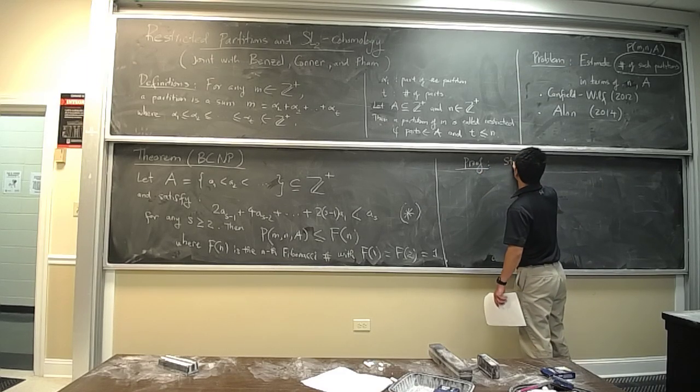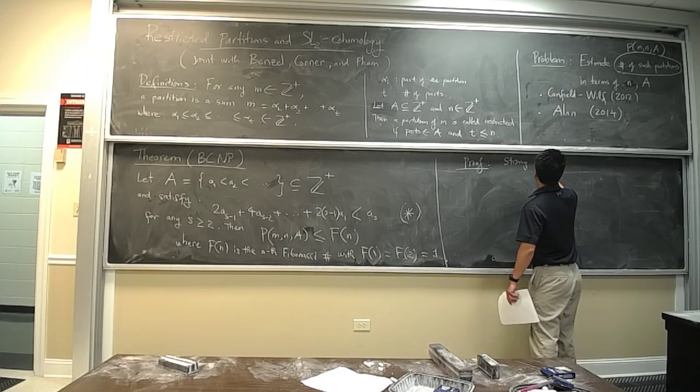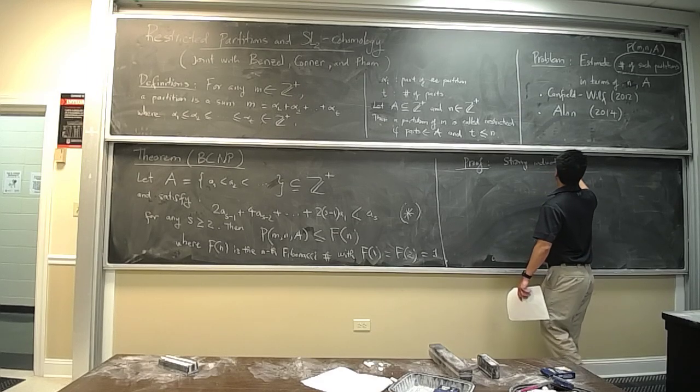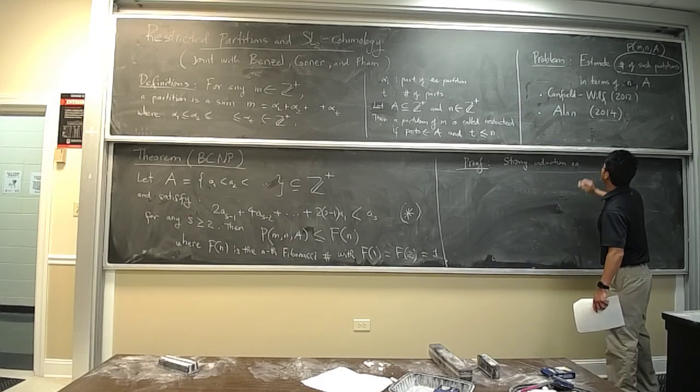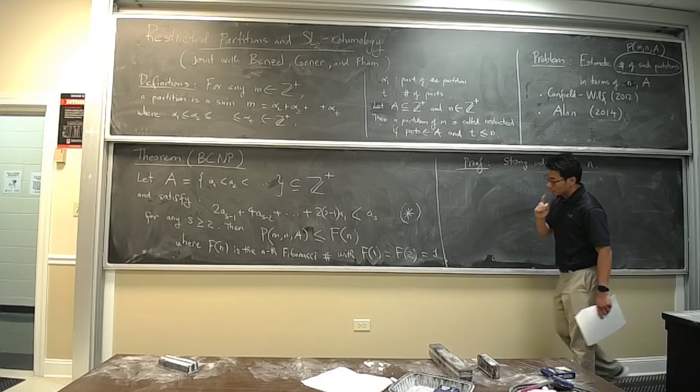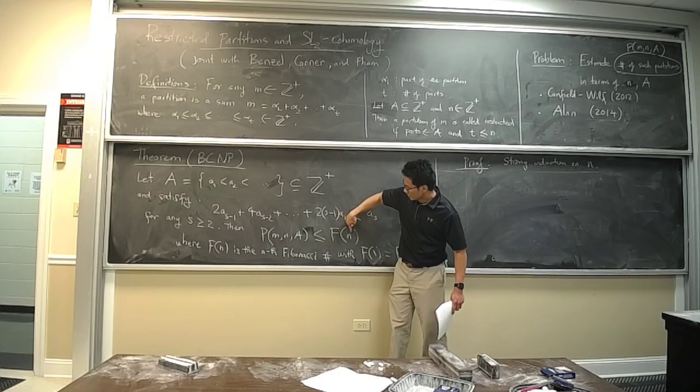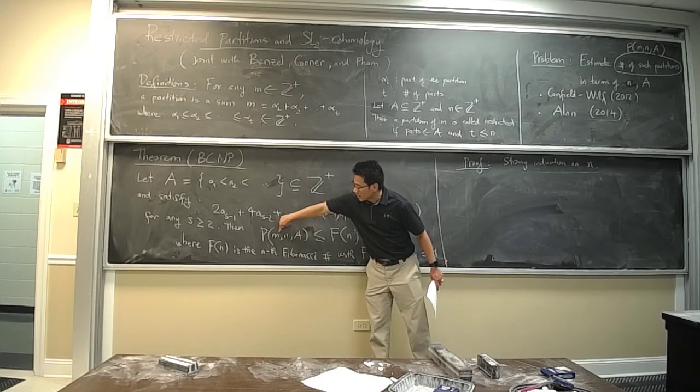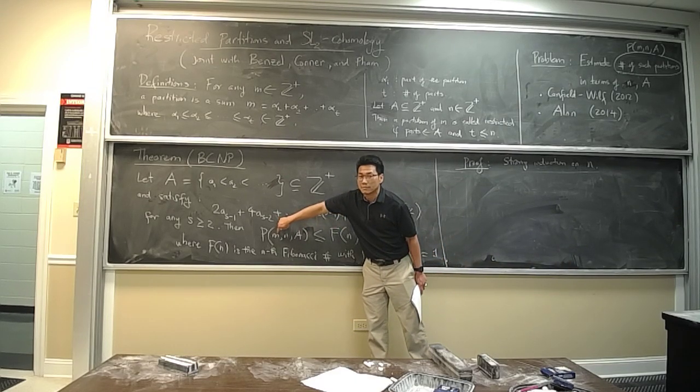Okay, so we're going to do strong induction on n. Well, note that this bound doesn't depend on n. This is for any n, so we can call it a universal bound.